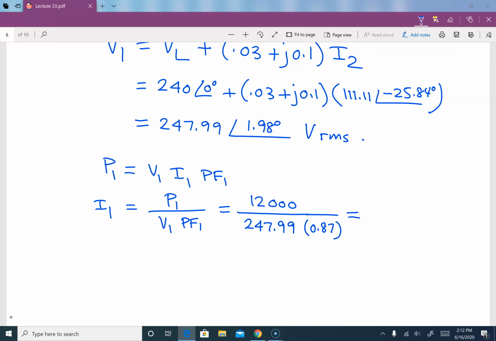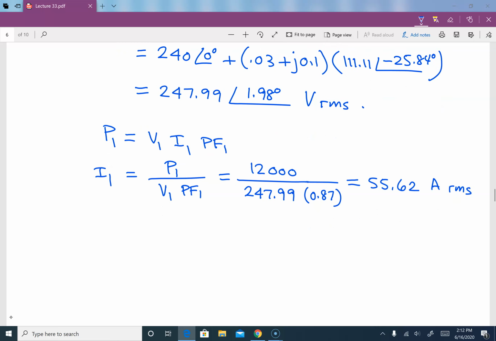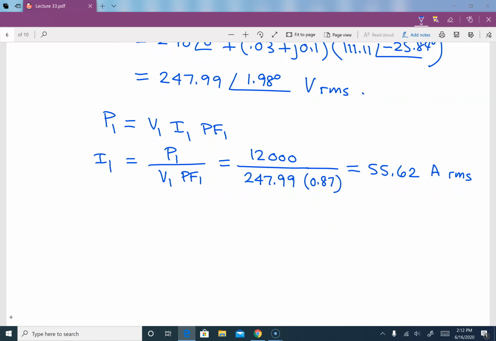The answer is 55.62 amperes RMS, since all of our calculation is in RMS. So our power factor 1 is equal to cosine of theta V minus theta I, with V1 and I1, and that is equal to 0.87.